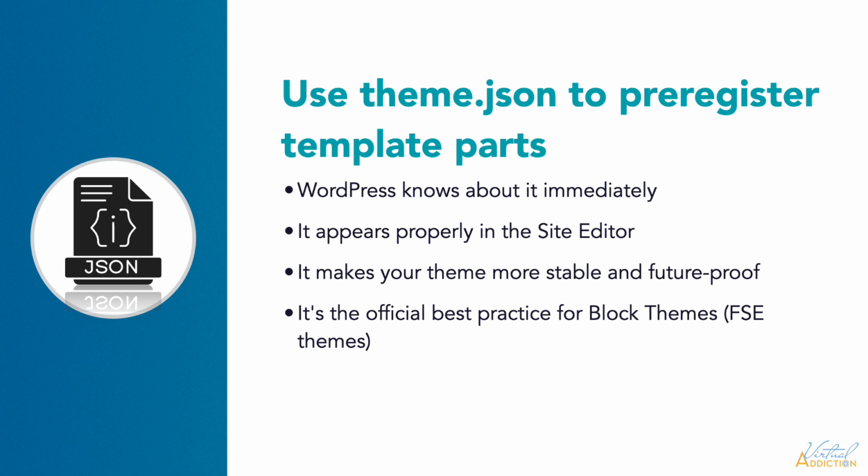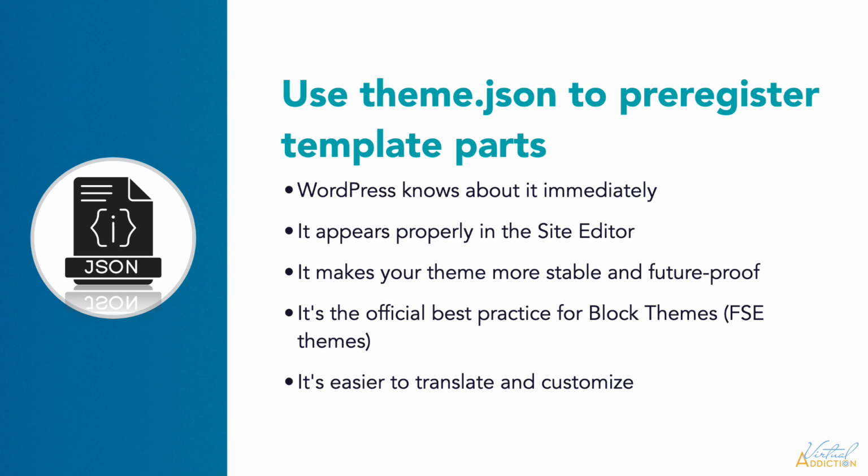This is deemed as official best practice for block themes as of WordPress, I think it's 5.9 and beyond. So this is the preferred way to configure everything: colors, typography, spacing, templates, template parts. Everything stays in a centralized area, which allows it to be much cleaner and easier to update.